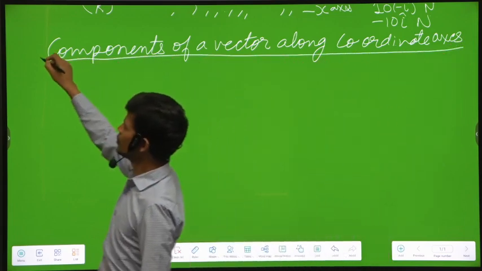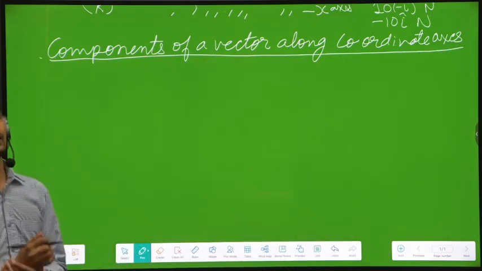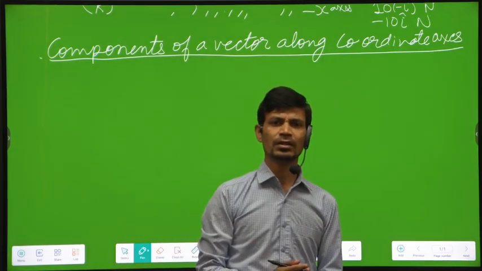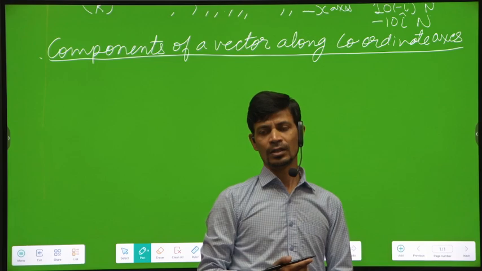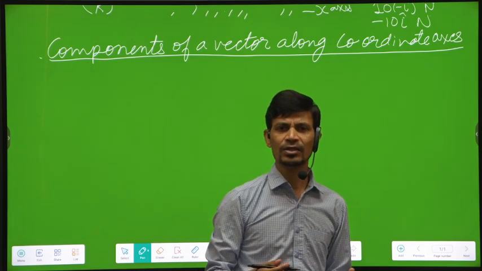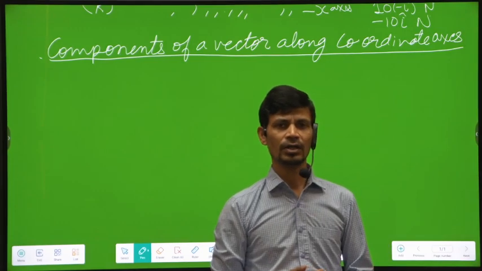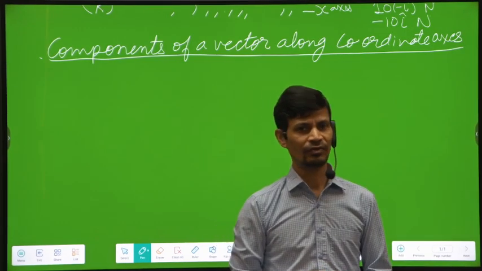Okay, so what are components? Actually, what we can do is split a vector into a number of vectors. That is called resolution of a vector.